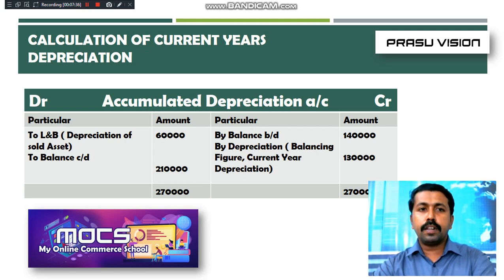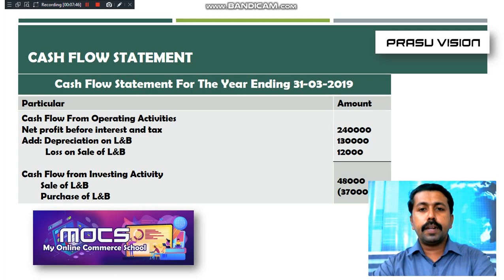So we have to prepare these two accounts. I think you got the idea how to prepare the accounts. If it is not clear, please watch the video again and again. Then we are moving to the preparation of the cash flow statement. The cash flow statement includes cash flow from operating activity. From the accounts, we can record two items here.